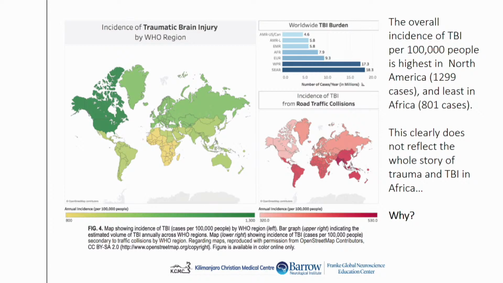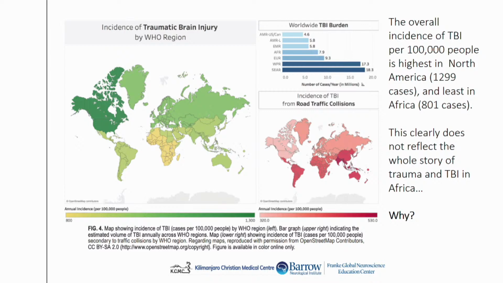We know it's a problem. We see it every day in our practices here. Even in a somewhat smaller town like where I am in Moshi, we see so many of these referral cases from all the health centers nearby and just from within our own town. So these data don't reflect the whole story.